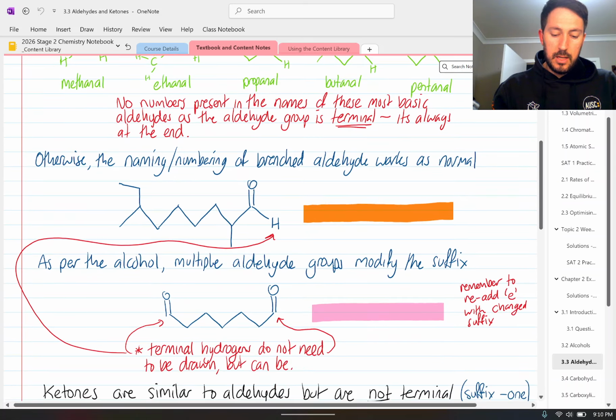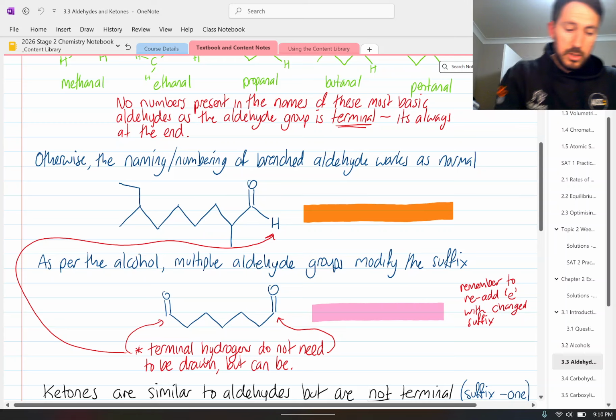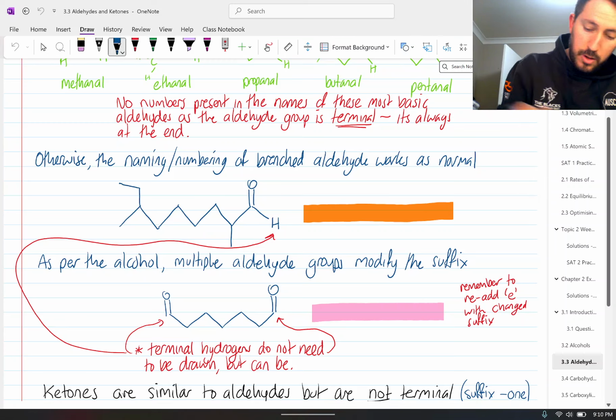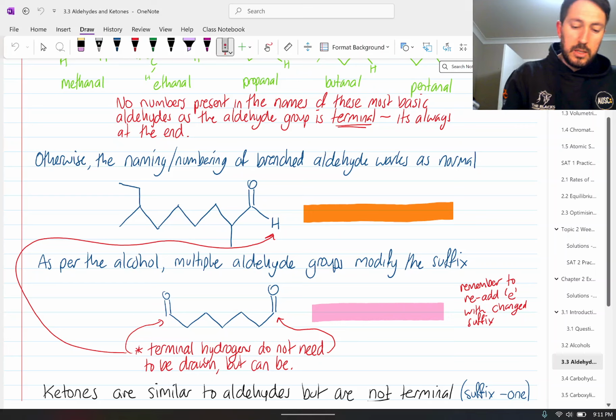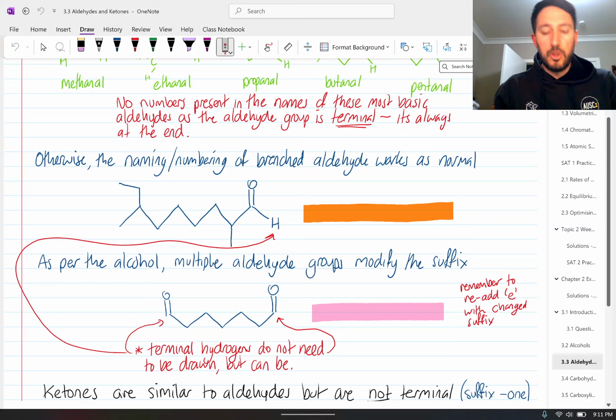Now, once we get down here, we're going to look at naming some more complicated branched ones. So I'll change my pen over to blue, and we are going to try and name this one. I'll go back to the laser for the start. We first do the exact same thing as normal. We have to try and find the longest chain. More importantly, it's the longest chain that includes the carbonyl carbon.